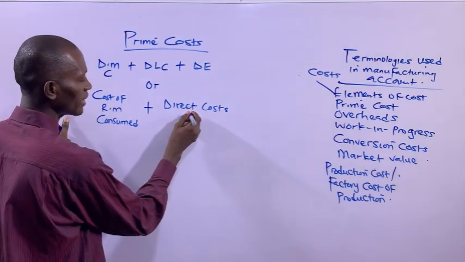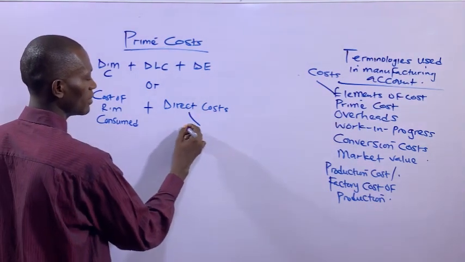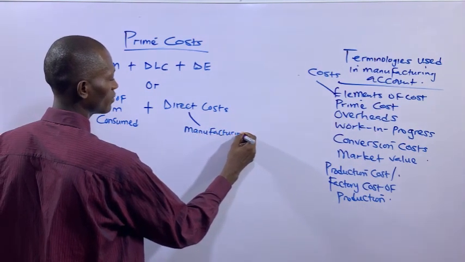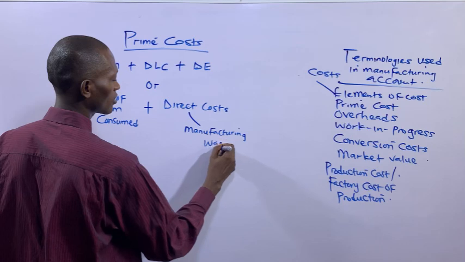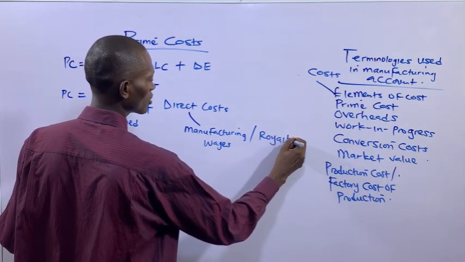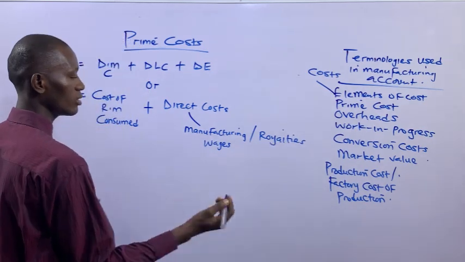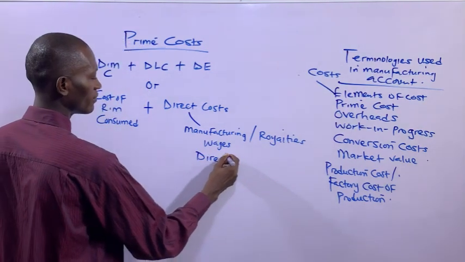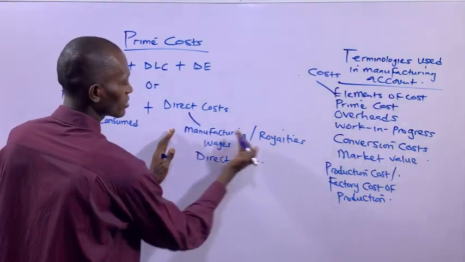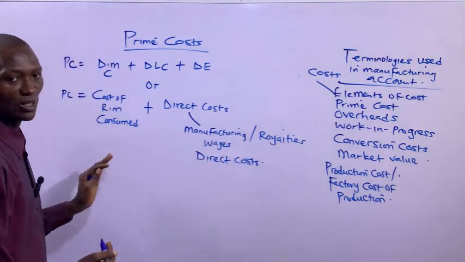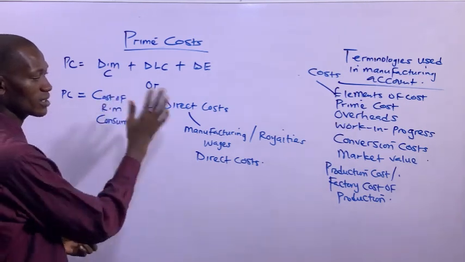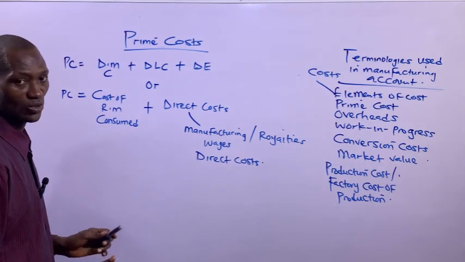So examples of direct costs you could have: manufacturing wages, which is an example of a direct cost. You could have royalty, which is also a direct cost, and all other direct costs. So when you add all this to cost of raw material consumed, that's going to give you prime cost. So that's basically what you have with respect to prime cost.